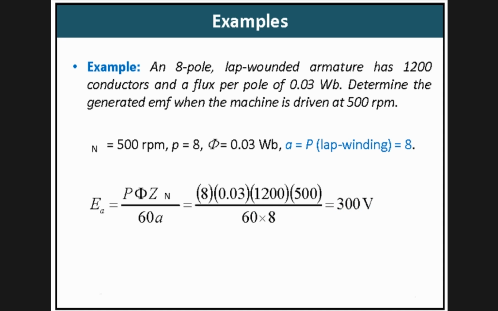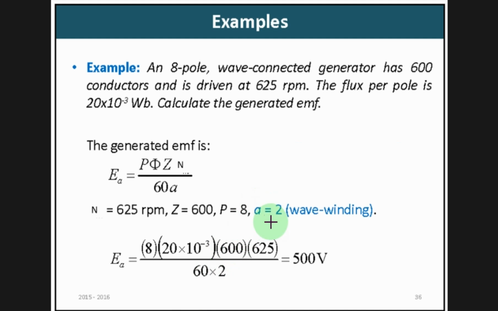And for lap windings, A equals P, right? The number of parallel paths is equal to the number of poles. So those things you have to remember. For wave winding it is 2, right?